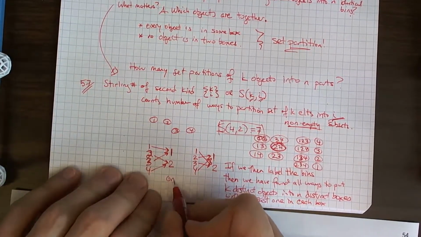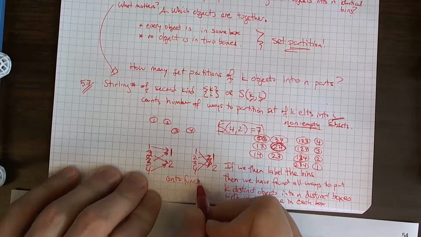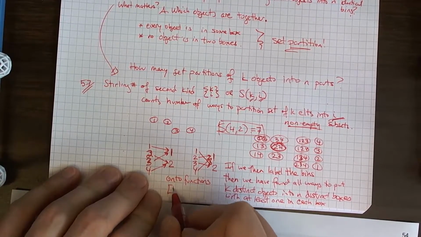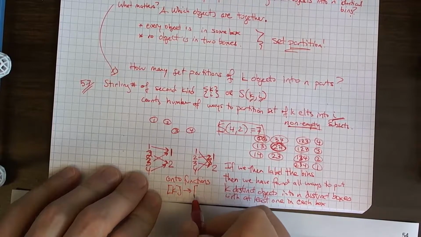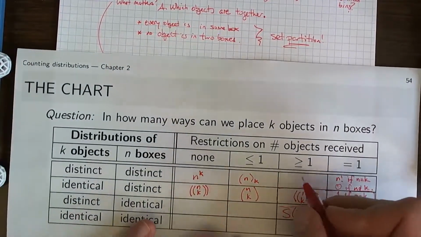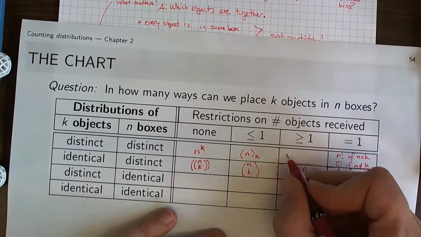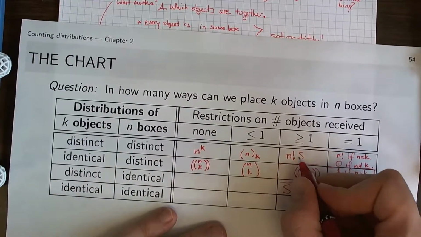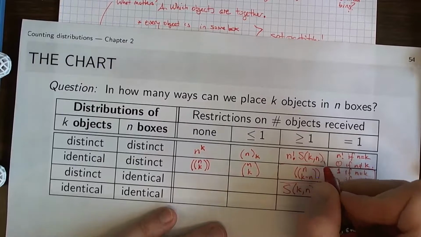Right? These are onto functions from k to n. And so that goes right here in our chart. This is going to be n factorial times S sub k,n.